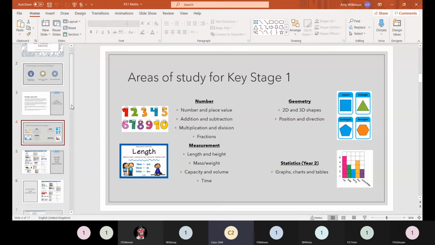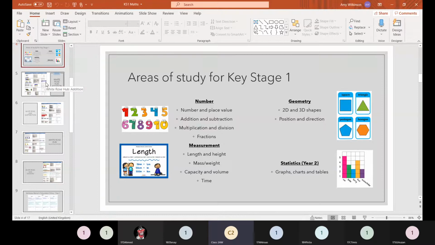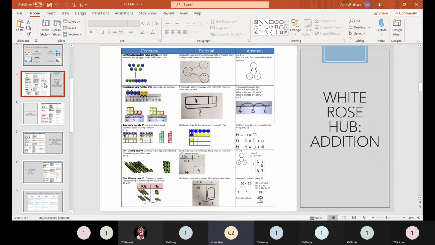So as a school, we use the White Rose Hub to support our teaching and learning. And this gives us some really good ideas for teaching maths, okay? And it breaks it down into 3 areas: concrete, pictorial, and abstract, okay? So for addition, these are the 3 areas that will be used to teach mathematics.